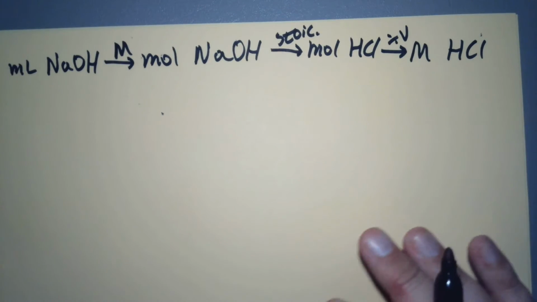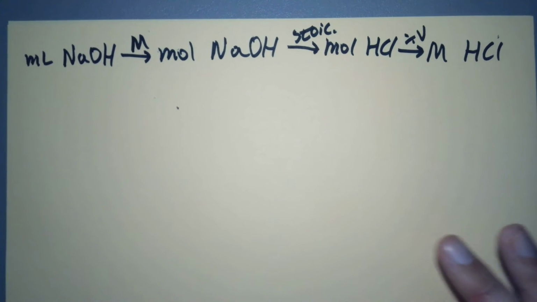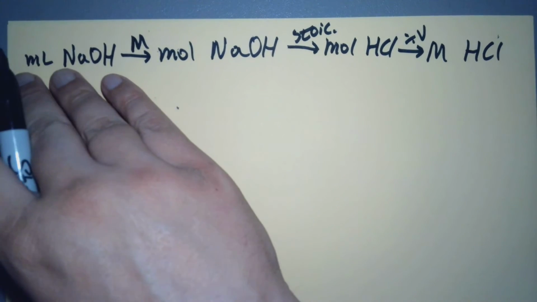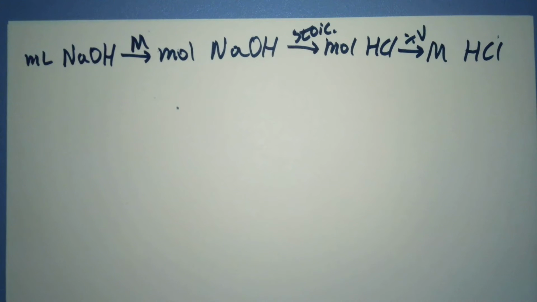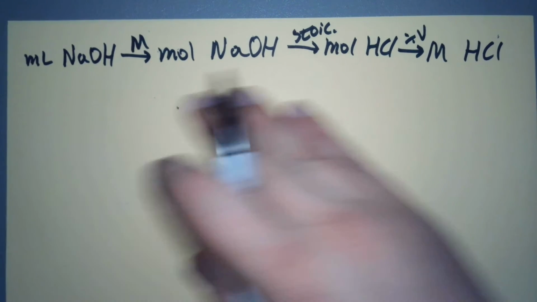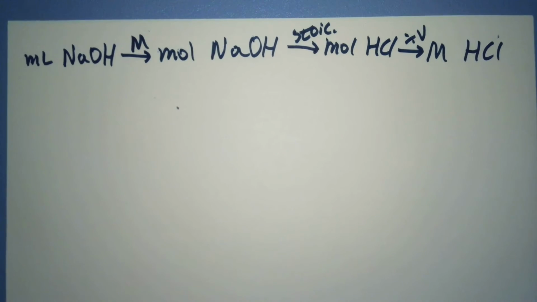So that's what we did. It was a little bit messy, but we're going from a volume to a molarity. That's the general approach. We can write that out a little bit cleaner, more like we've seen it before, and we'll do that in the next problem.